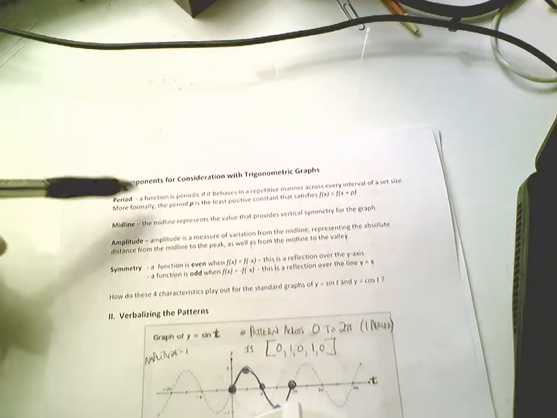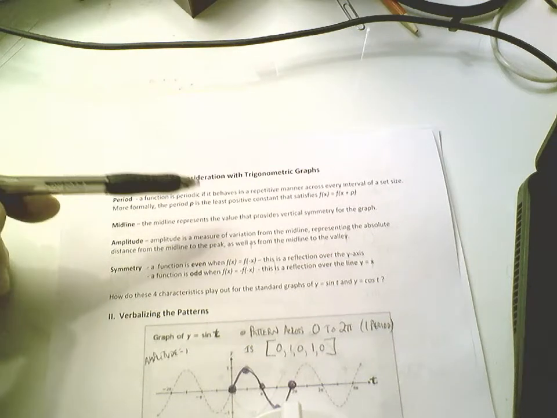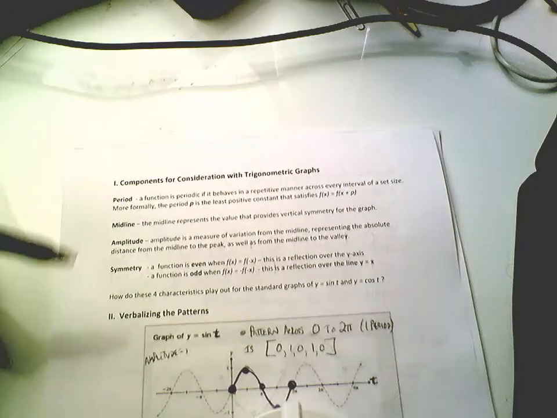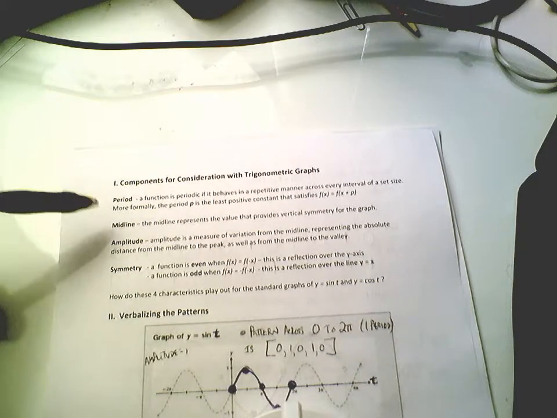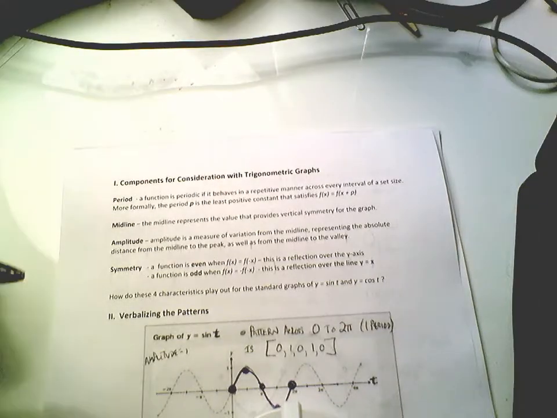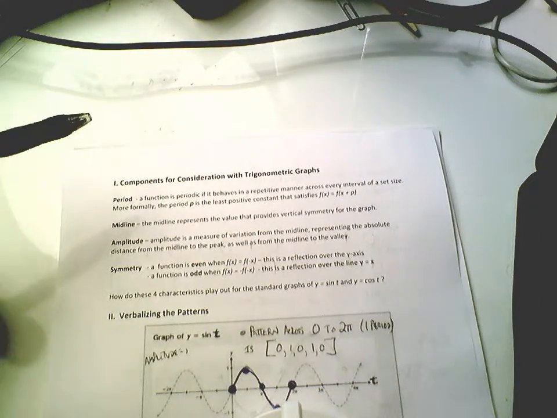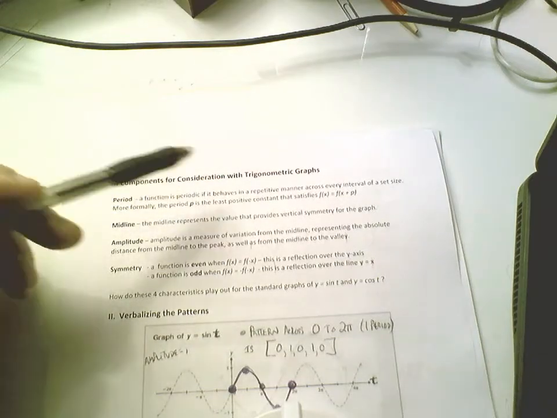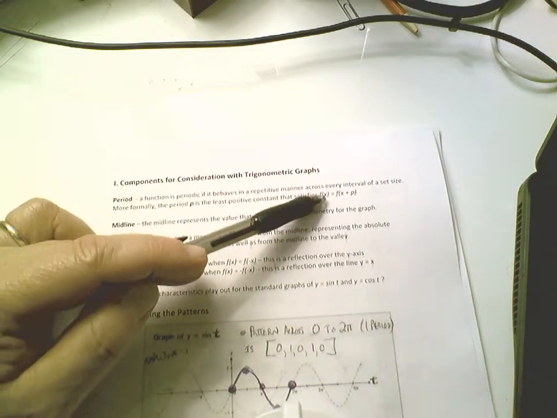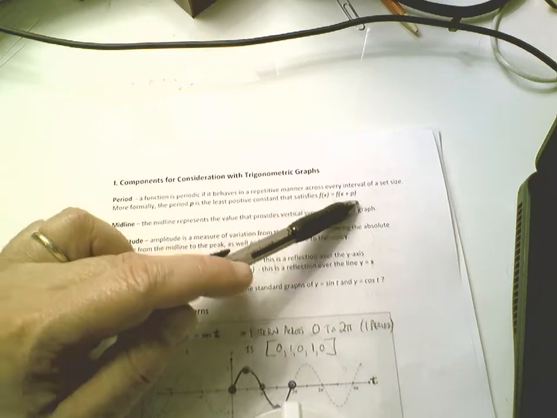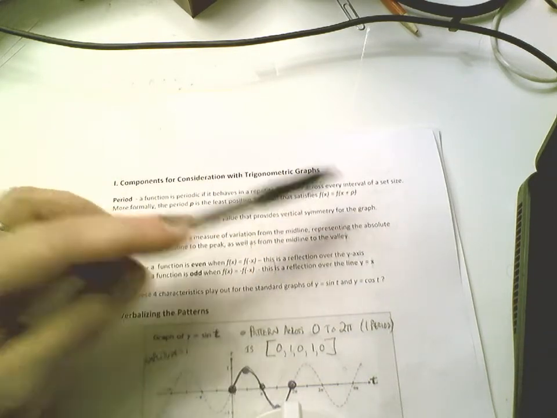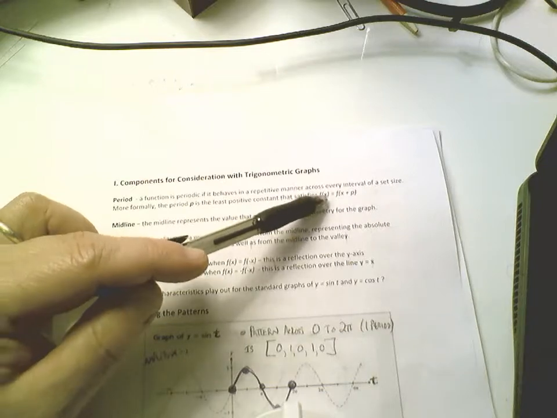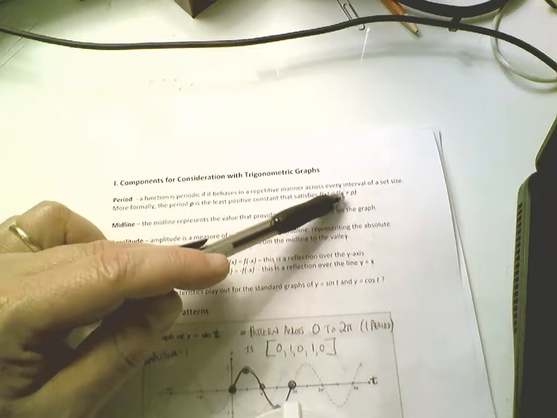A function is periodic if it behaves in a repetitive manner across every interval of a set space that is consistent. That value we call the period, p, and what we know about the period is that f of x is equal to f of x plus p. That's a generic version. For what we're doing, I could say f of t equals f of t plus p.